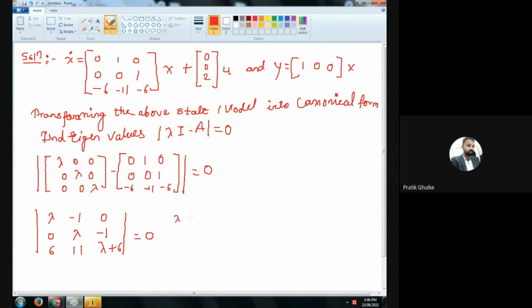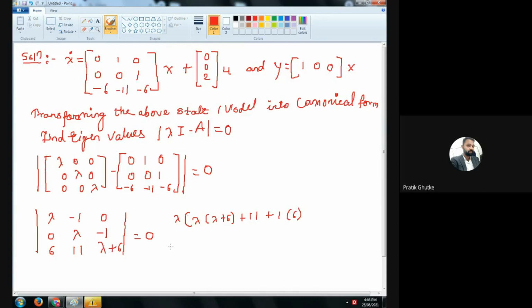How would we be solving? Lambda in bracket lambda multiplied by lambda plus 6, and then plus lambda multiplied by 11, plus 1 into 6, and the 0 term would be nothing, that's why I am not solving it.